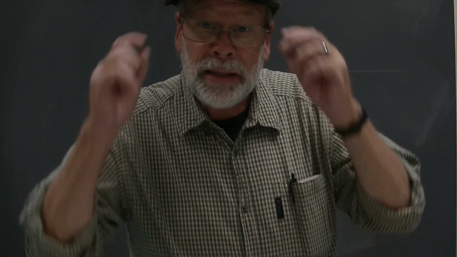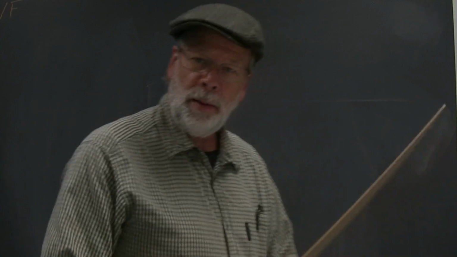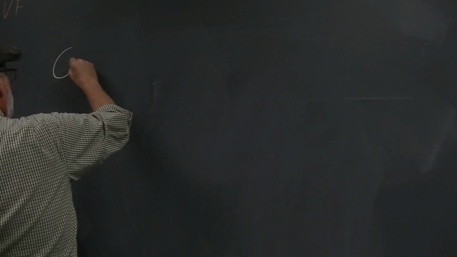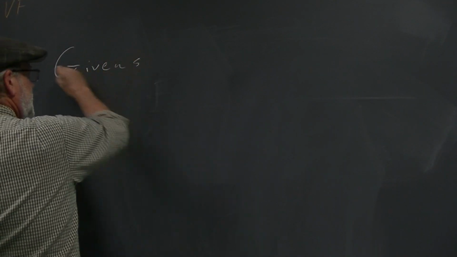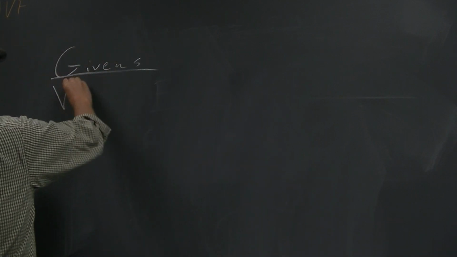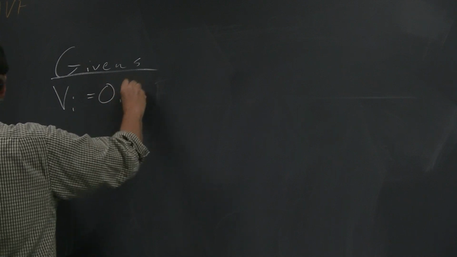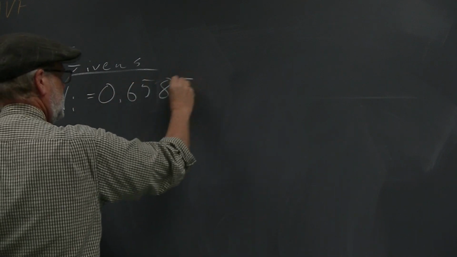So you've seen how to operate the dynamics track. Not so hard. Got my numbers, and we're going to put it into our standard solution methodology here. And V sub I is 0.658 meters per second.